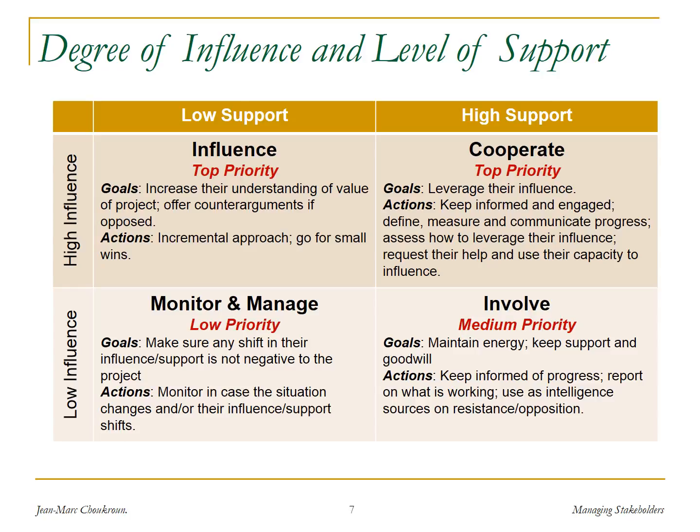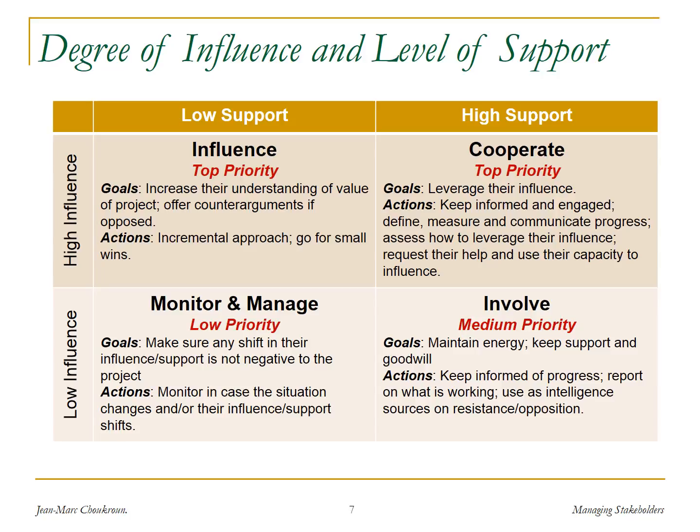So let's start with the easier one, which is the top right. The top right, high support, high influence. This is a top priority group. You want to leverage their influence. You want to use them as much as possible, because they can make things happen because of their high influence, and they are behind the project, behind you.